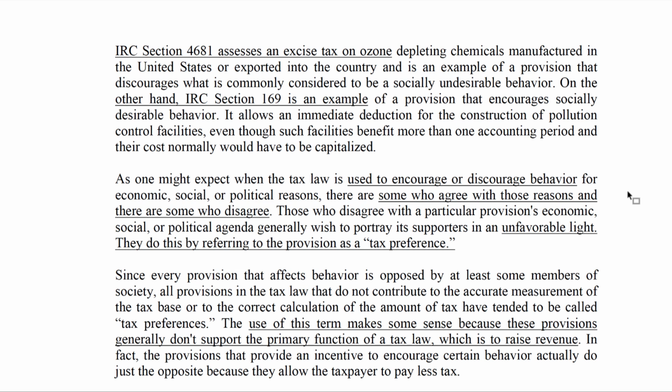So that's an example where you see two provisions. One is meant to try to stagnate or de-incentivize certain behavior, and one is meant to incentivize certain behavior. One's meant to de-incentivize harming the environment, and one's meant to incentivize helping the environment.